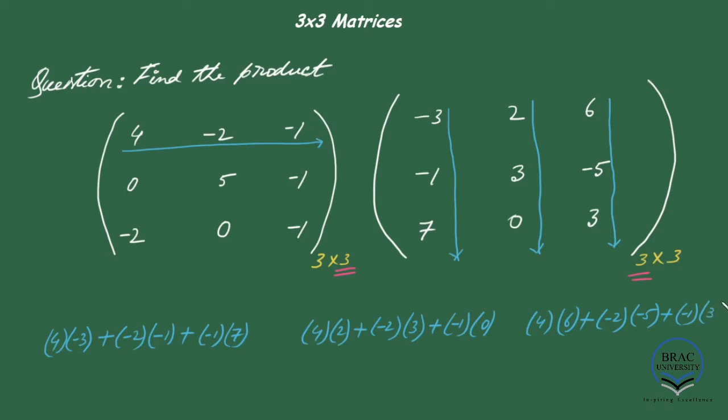So what we did here is select the first row of the first matrix, and this row will hit each of these columns separately, and that will produce the entries for the first row of the new matrix that we're going to construct.